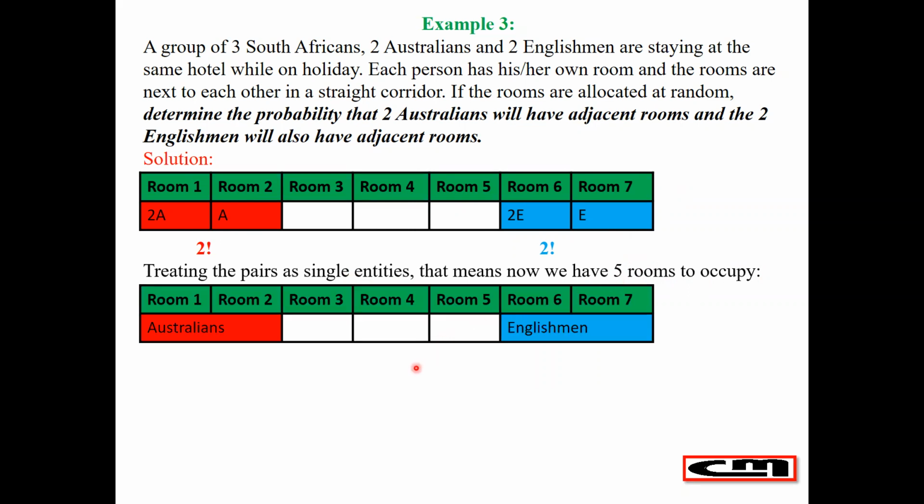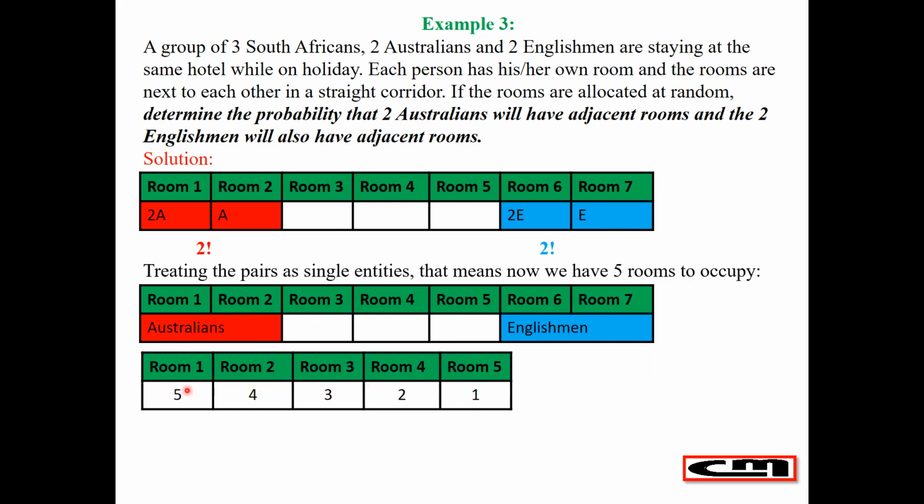Therefore, this is all what it means. I've collapsed rooms 1 and 2, then rooms 6 and 7. So as a result, I'm now left with the 5 rooms to occupy 5 people, right? So as such, we are saying for the first room, any of the 5 people can be in that room. Room 2, once this is filled, any of the 4.